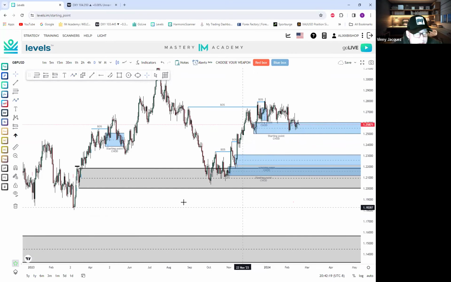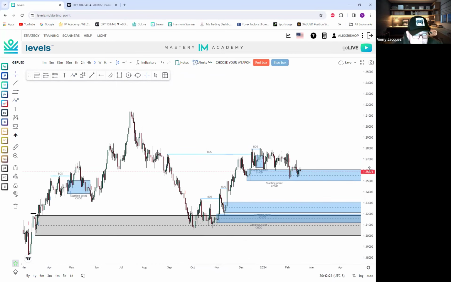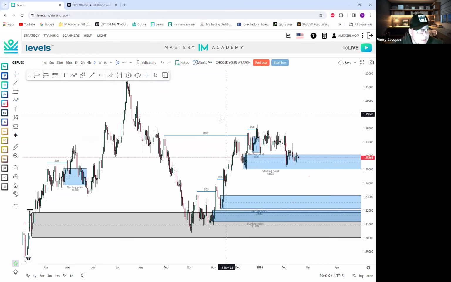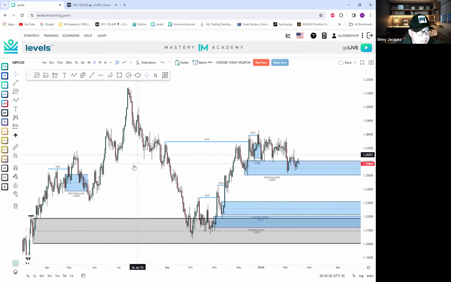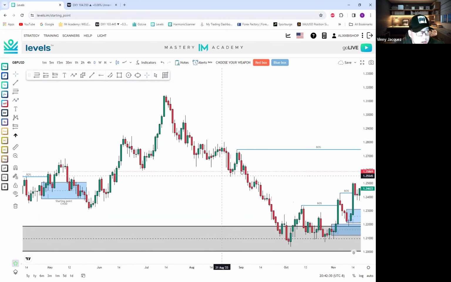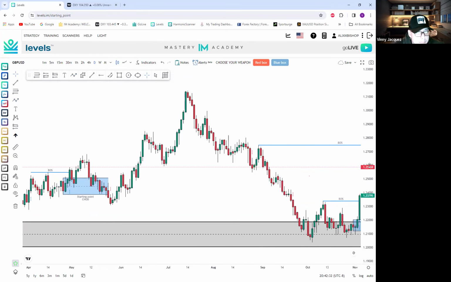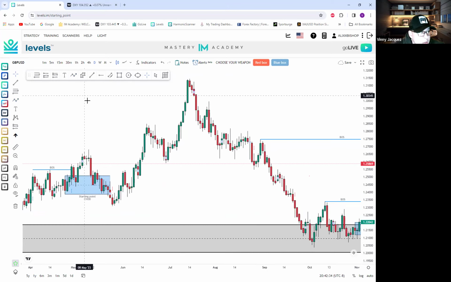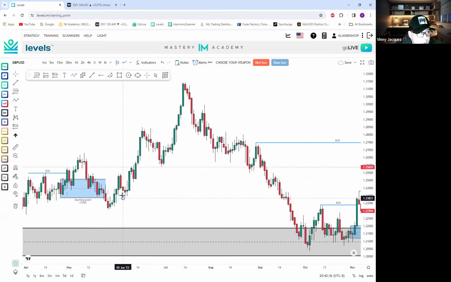Let's take a look. Let's just focus on the structure here, because the structure is so clean. As market is buying up, we get a higher high, higher low, higher high.